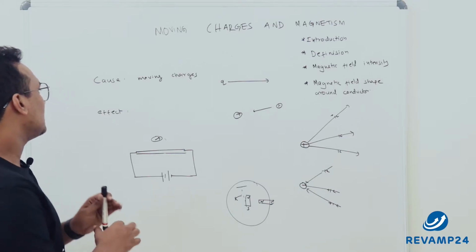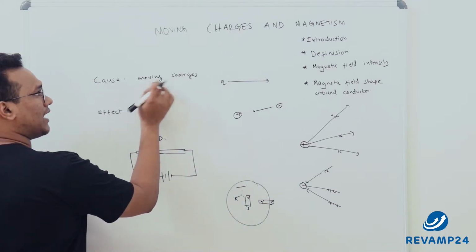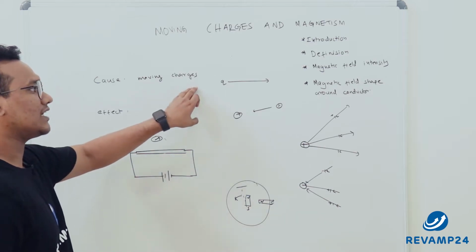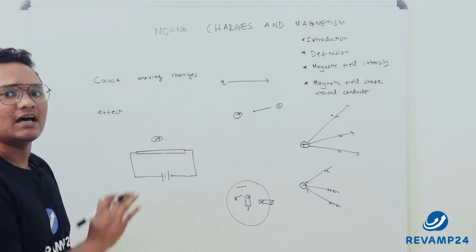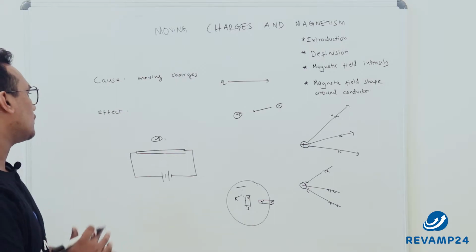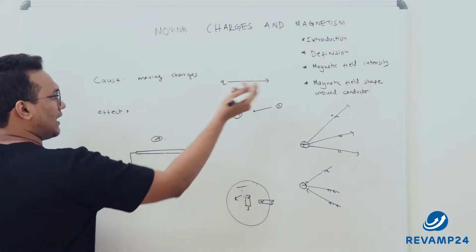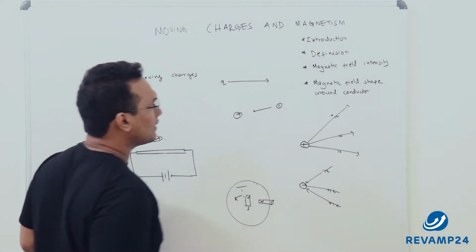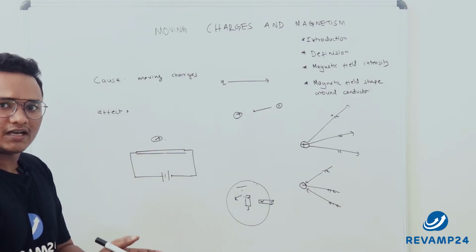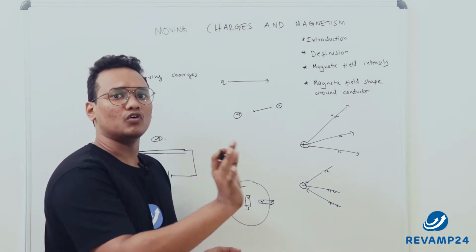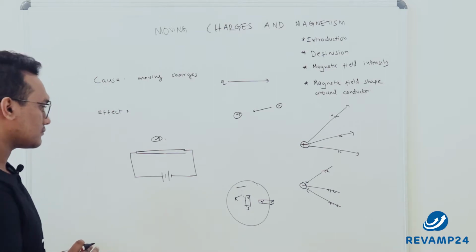So the effect is that the magnetic field created by a moving charge can interact with another magnetic field. Also, magnetic field has been defined as a property, a field that can turn a moving charge. I will explain it.